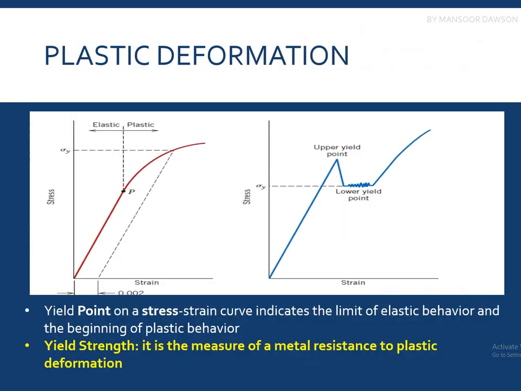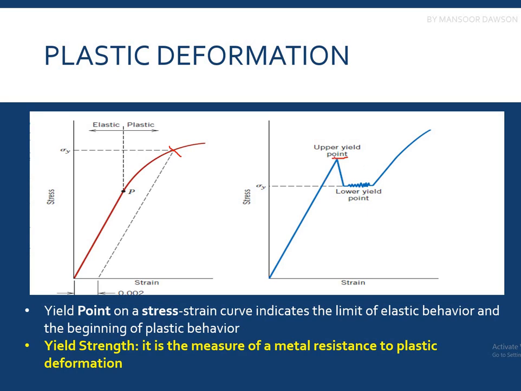Okay, so you can see over here that once the elastic limit ends, that is the yield point, and this is also the yield stress at which the material would be starting to deform permanently. So we have two cases.